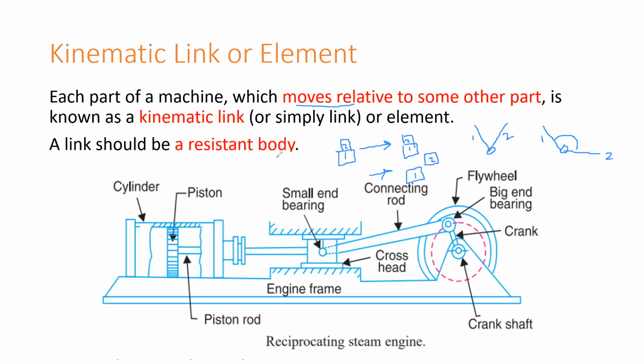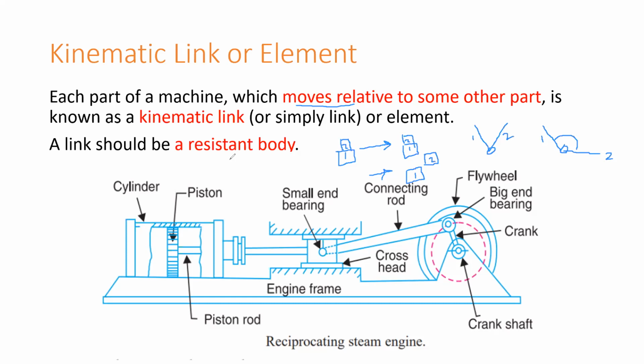When you study further, you will find that there are some flexible links, meaning the link can deform while transmitting the motion, but it does not affect the transmission of motion, like in the case of belt drive and chain drive. The chain is used to transmit motion or power from one part to another, and in this process it also gets deformed.